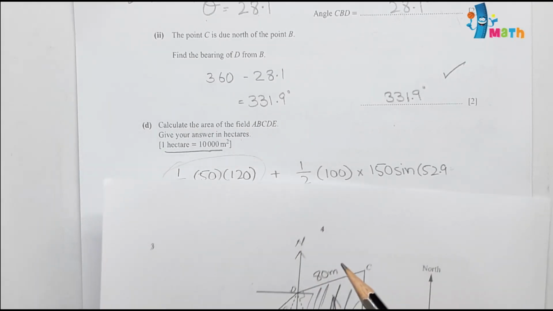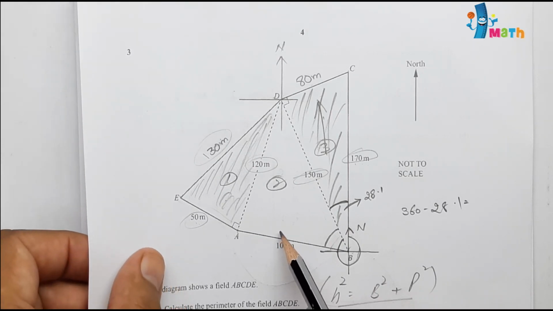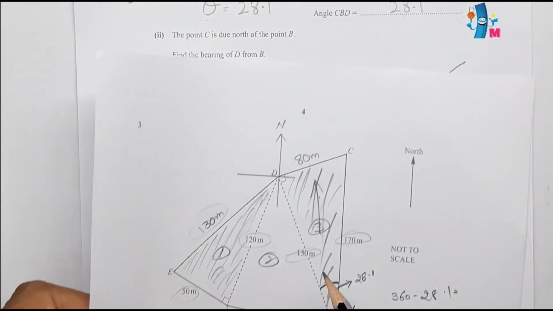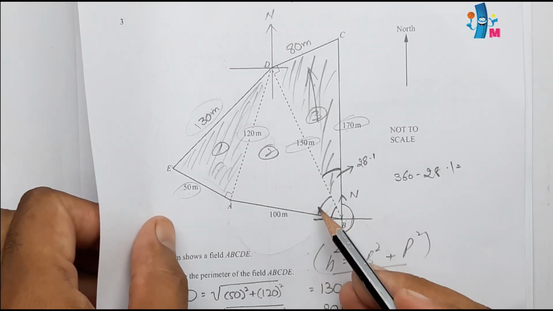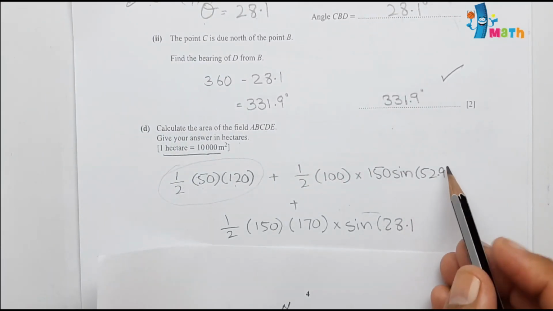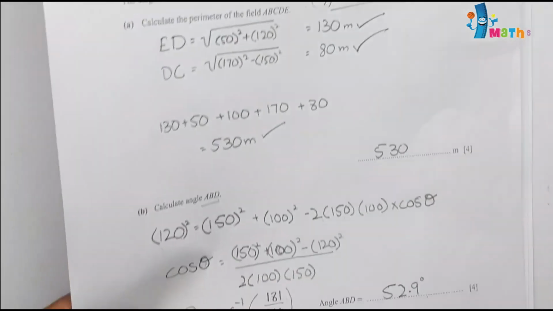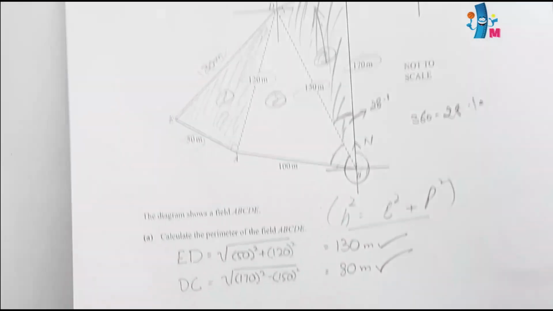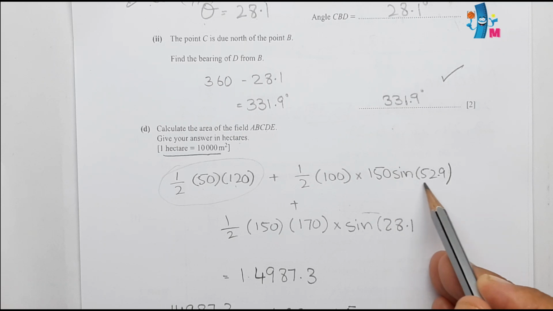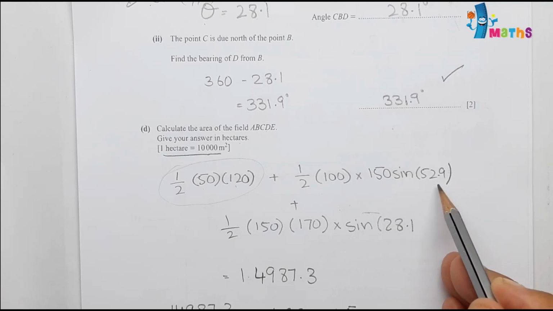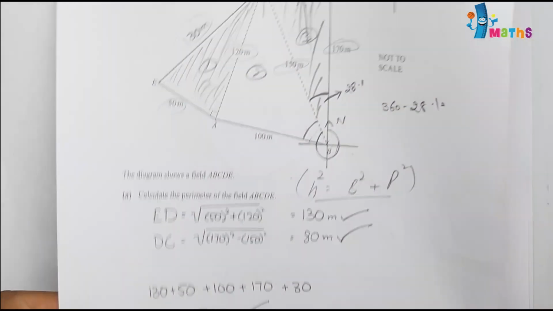Similarly, for the second triangle, this one is not a right angle triangle, so we can use half AB sine C. So AB into sine of this angle, which is 52.9, which we have already calculated in part B. So this will be half AB sine C, and the last one we can add is the area of the third shape, which is this one.